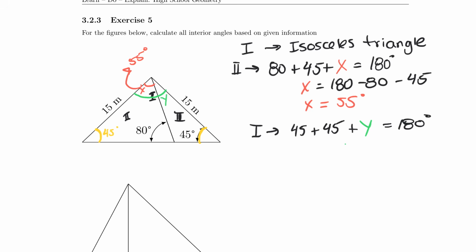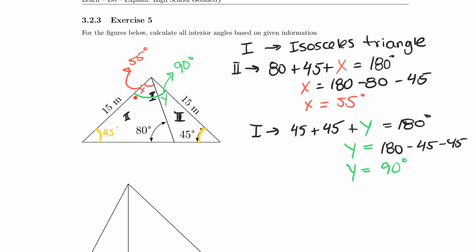So now we get that y is equal to 180 minus 45 minus 45, and y is equal to 90 degrees. So this big angle here is 90 degrees. Okay, so let's keep looking for the missing information.